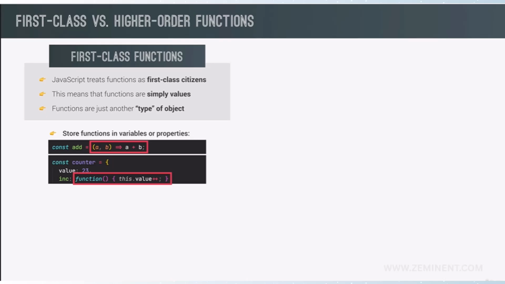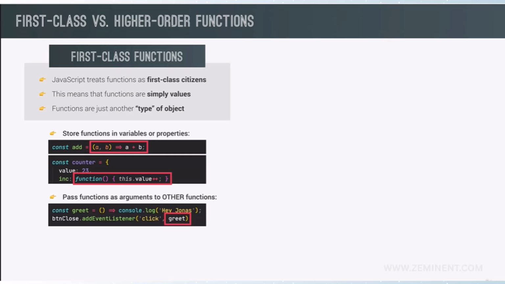And that, of course, we already did a couple of times before. So the function values here are marked in red. And then you see we create a function expression in the first example and an object method in the second example. So the value in the red rectangle is the function value itself that we can store wherever we like.